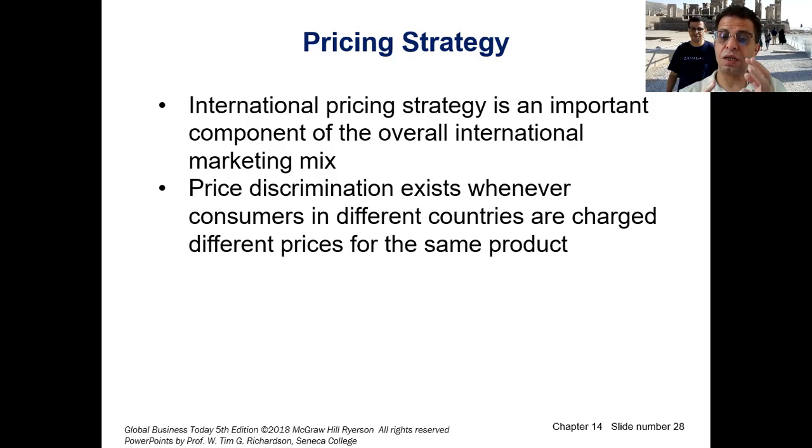Price discrimination exists whenever consumers in different countries are charged different prices for the same product. When we were promoting IBM HR Access software, if the price is $1, the suppliers will sell it for $2.50 to Kuwait, 50 cents to Tunisia, and a dollar and a half for Emirates. So there is price discrimination.